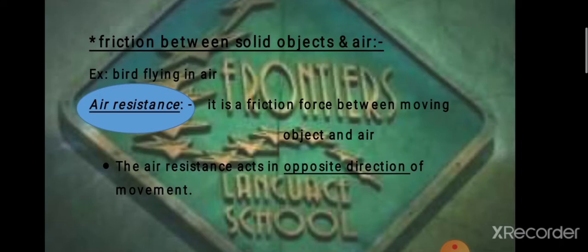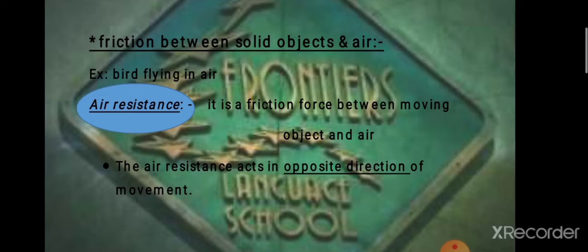First, the friction between a solid object and air. As I told you as an example, the bird flying in air. So it's a solid object that moves through or touches the air. And what do we call this type of friction? We will call it air resistance. Okay.